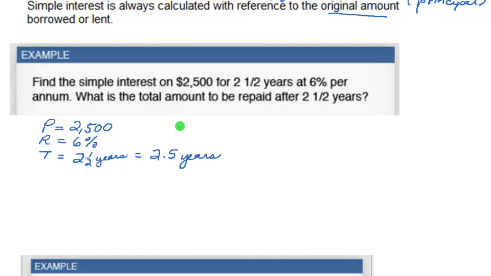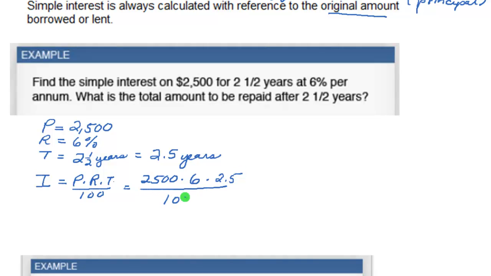First we're going to calculate how much interest was earned. The interest is the principal times the rate times the time divided by 100. So that's 2,500 times 6 times 2.5 divided by 100. We're going to cancel these zeros here. Then we have 25 times 6, which is 150, and then that's times 2.5.